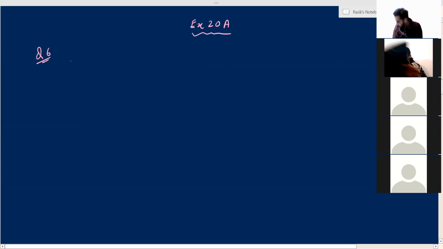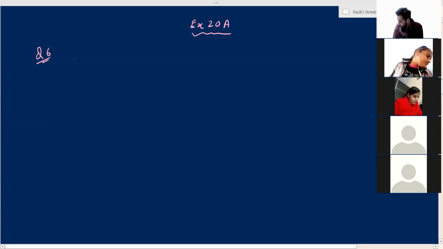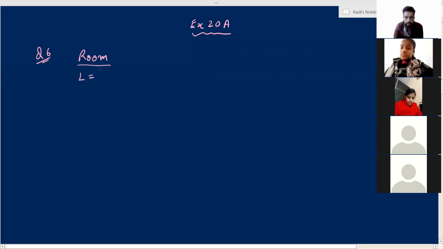Question 6. Find the cost of carpeting a room 13 meter by 9 meter with a carpet width 75 centimeter at the rate of rupees 105 per meter. So there is a room. The length and breadth of the room are 13 meters and 9 meters.